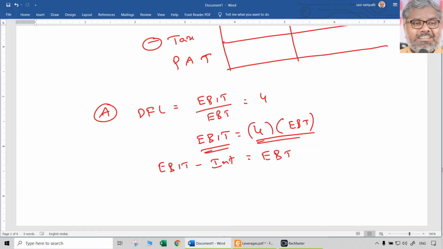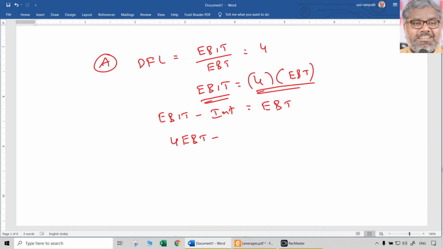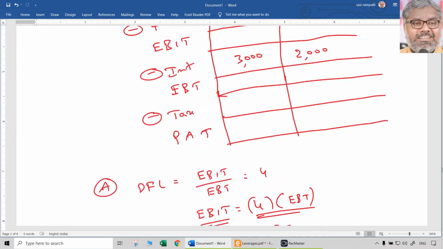Substitute in the place of EBIT this 4 times of EBT. 4 times of EBT minus interest, 3,000 for company A, that is equal to EBT. So if you bring the EBT to the other side, 3 times of EBT is equal to 3,000. That means EBT is equal to 1,000. That is how we have to solve it.